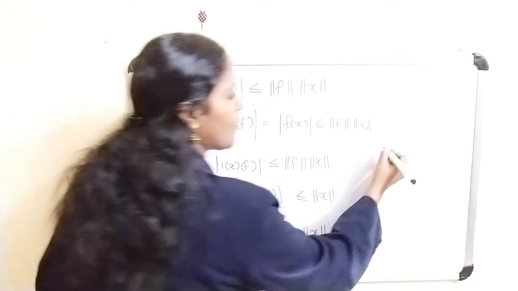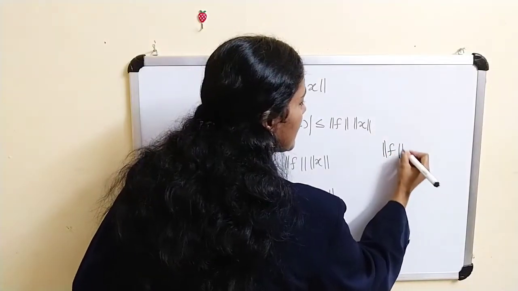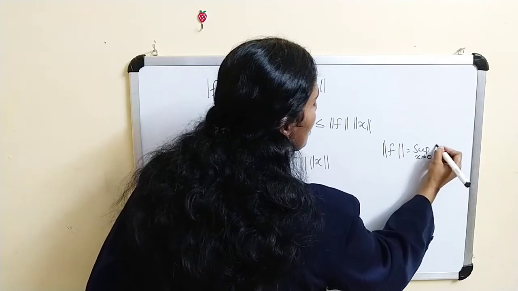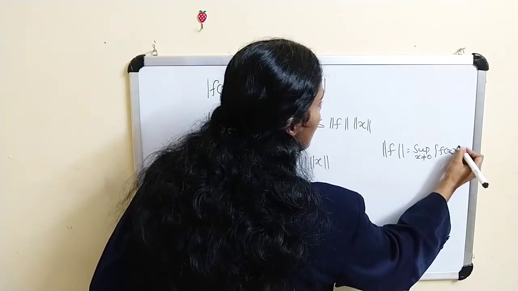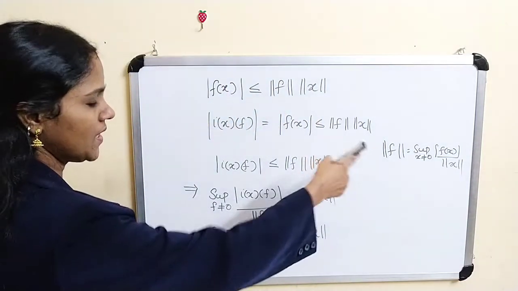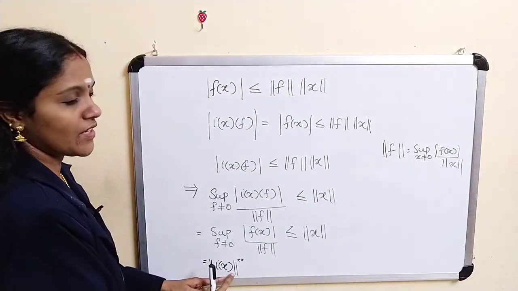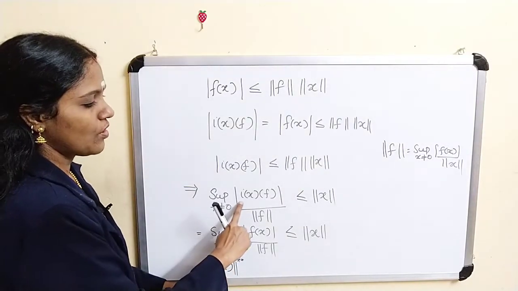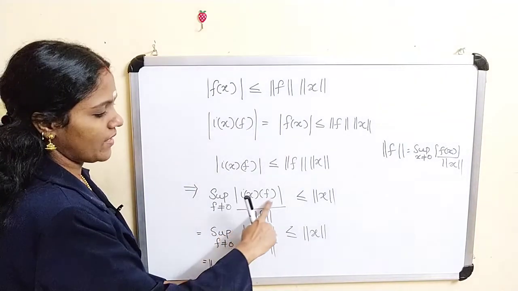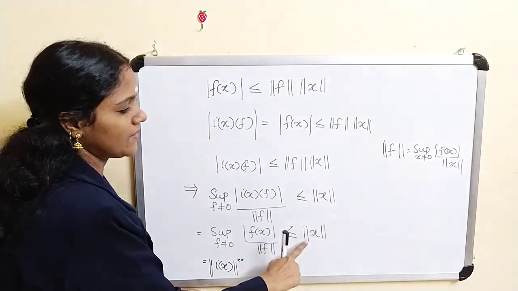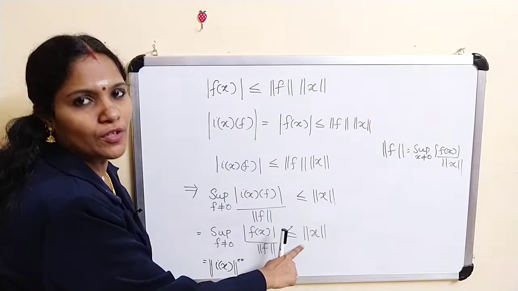We have norm of f is equal to supremum over x not equal to 0 of mod f of x by norm of x. Similarly, norm of I of x equals supremum over f not equal to 0 of modulus of ix of f divided by norm of f. Okay, and clearly this is less than or equal to norm of x.